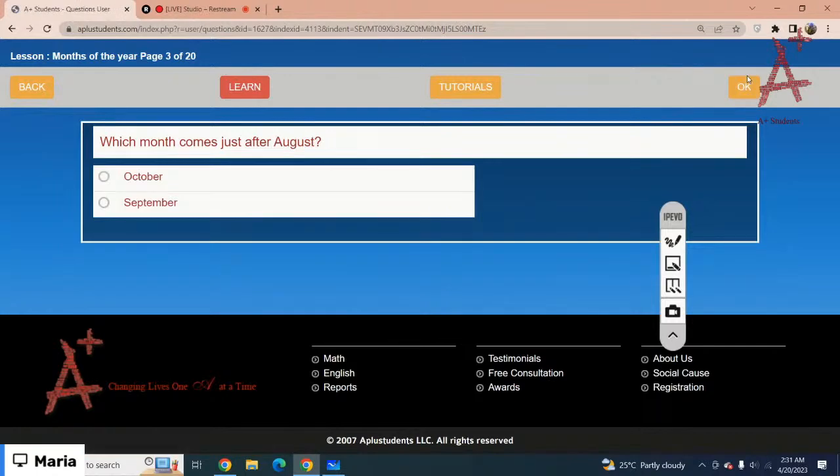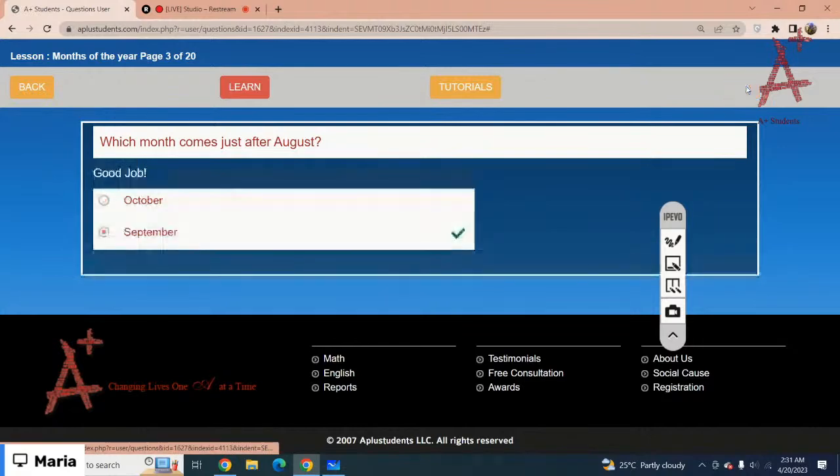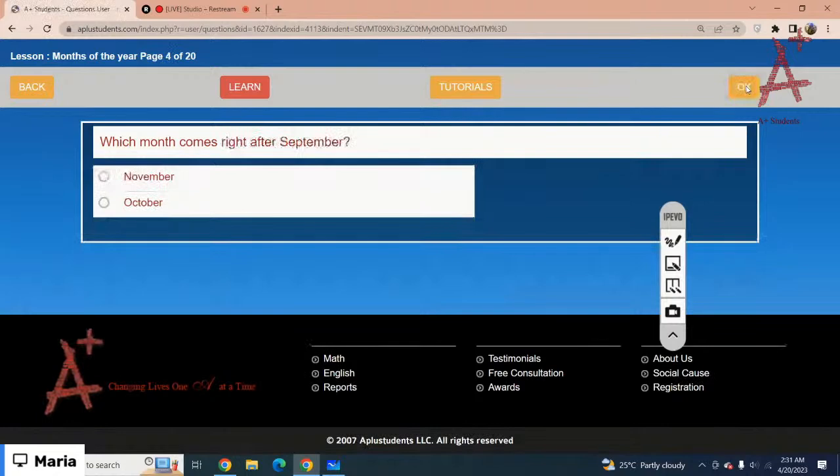Which month comes just after August? So which is the correct option? Right after August, it would be September. Got it? Which month comes right after September?